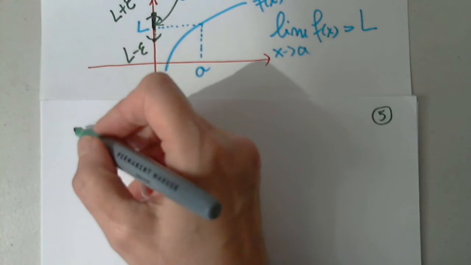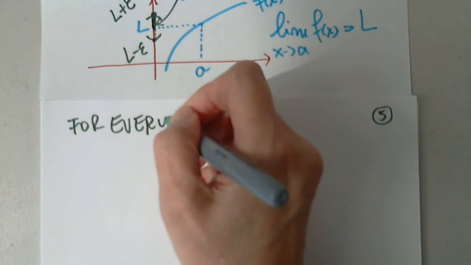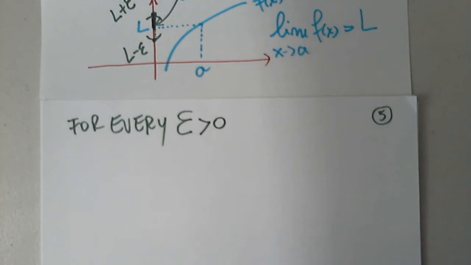So let's put this in writing. For every epsilon positive, it has to be a positive number.